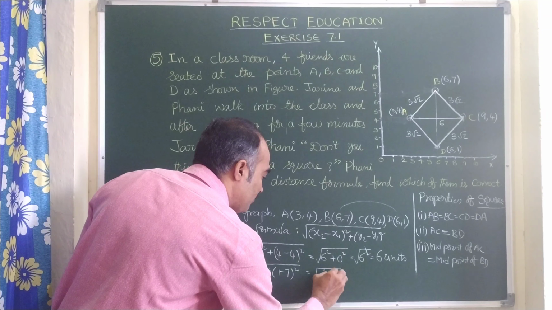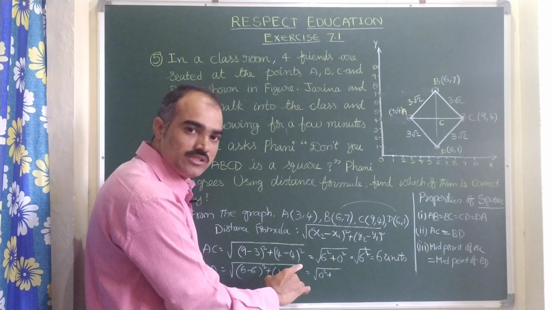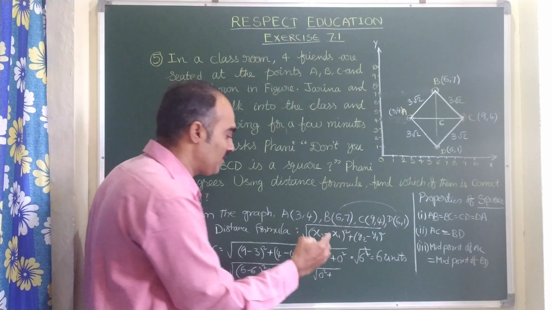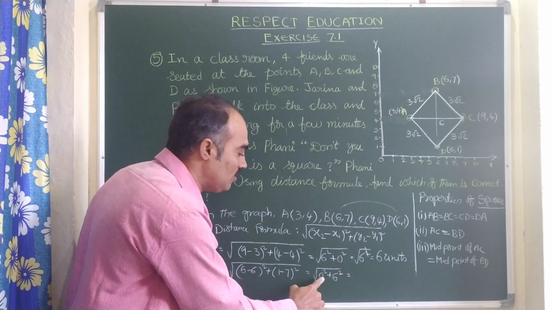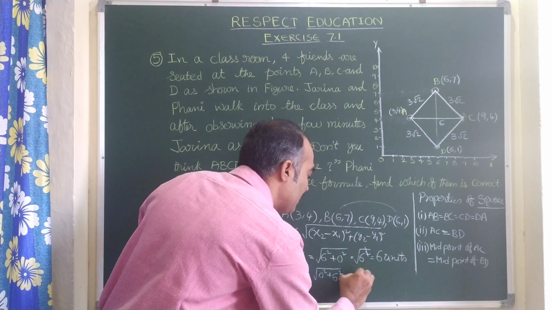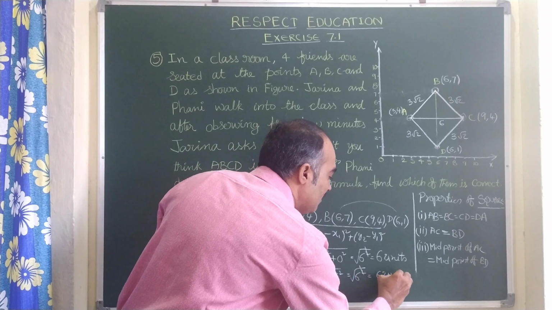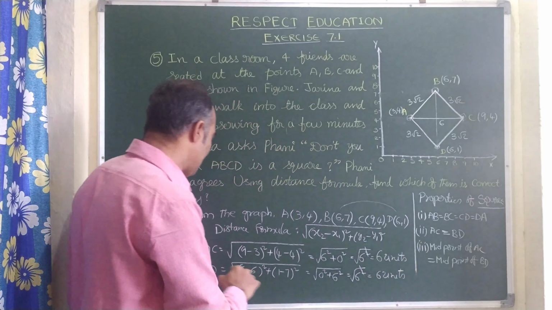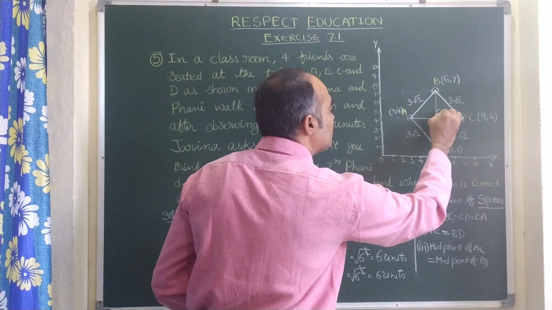It is 0 square plus 1 minus 7 is minus 6. Minus 6 whole square can also be written as 6 square. So here I am writing 6 square. Again as usual, 0 square is 0. 0 plus 6 square is 6 square. Under root, this square and root get cancelled. So we get BD is also 6 units.